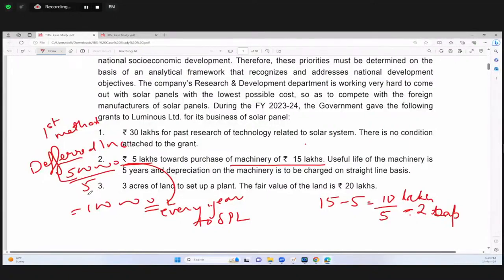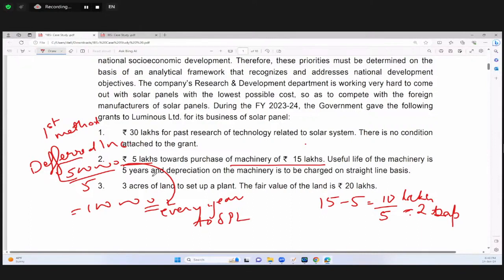So I'll take you to the BOS knowledge portal also and locate where Saransh has been given. So for the second point, 5 lakhs, there are two methods of solving it. Either you recognize it as deferred income and charge the depreciation with full value, or in the second method, you reduce the cost of the asset, and on that reduced cost, you charge the depreciation.